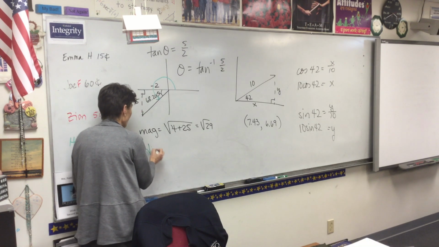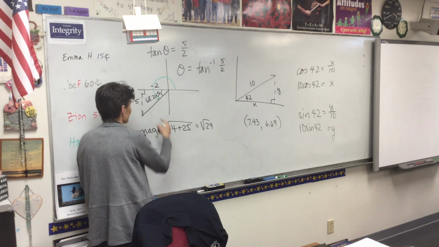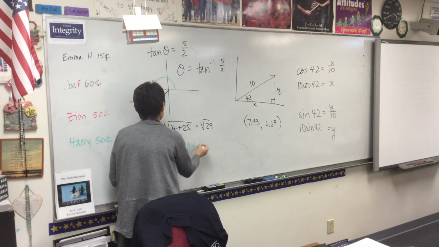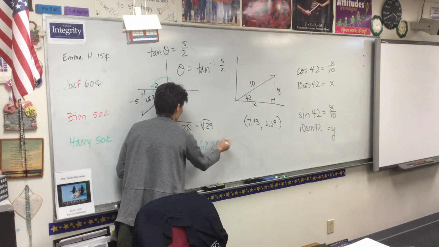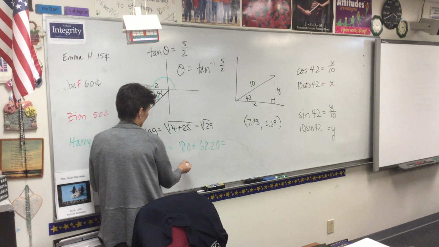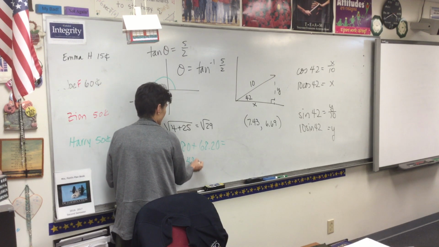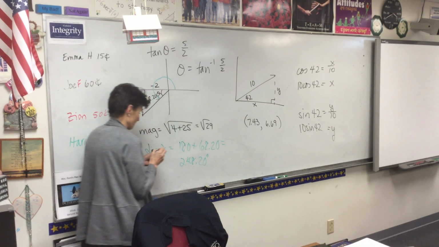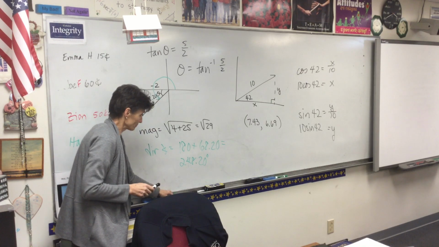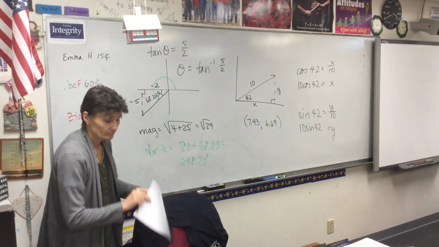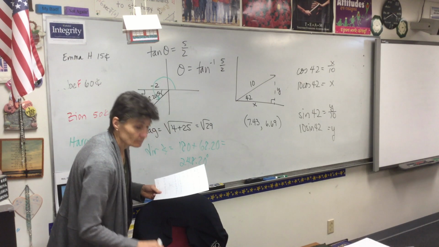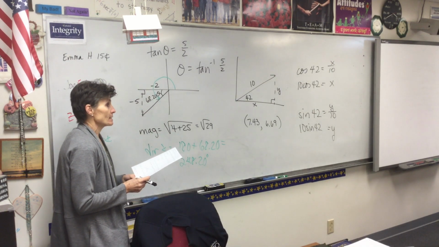So how do we find our direction angle? 180 plus. 180 plus. Very good, Emma. 180 plus, which will give me 248.20 degrees. Is that good?